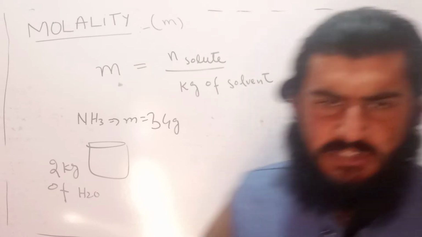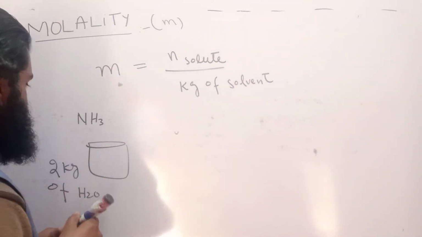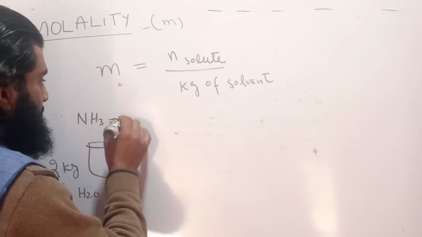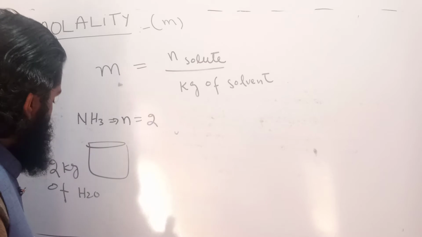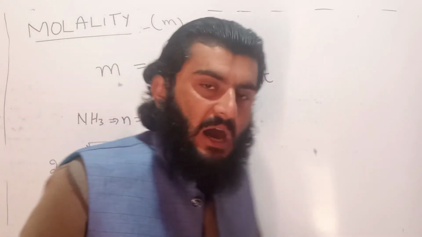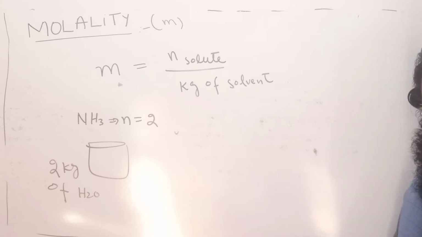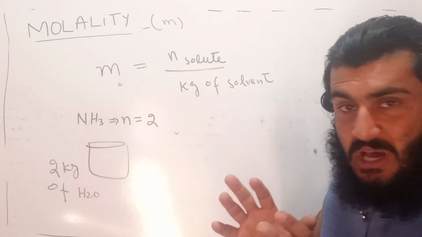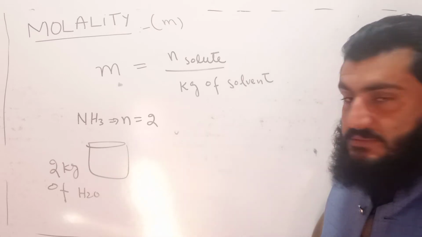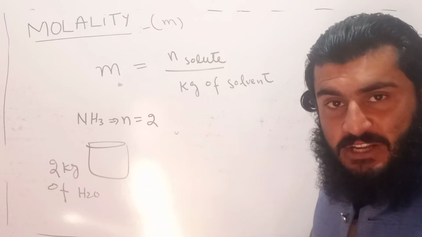So first of all we take an easy case. If we dissolve 2 mole of NH3 in 2 kilogram of H2O, then find its molality. We dissolve 2 mole of NH3 in 2 kilogram of water, then find its molality.